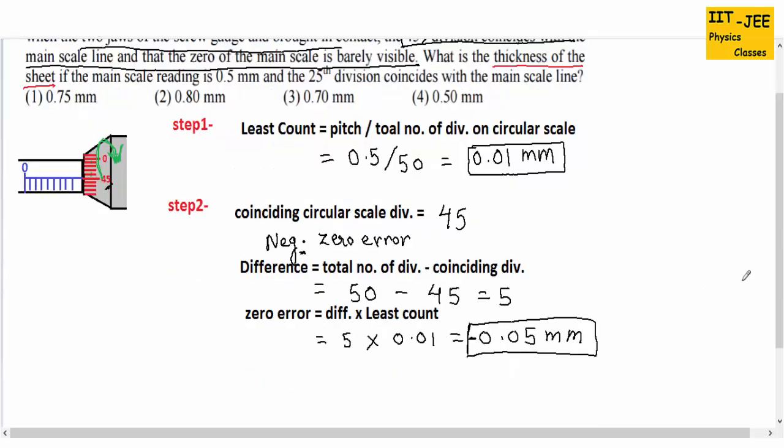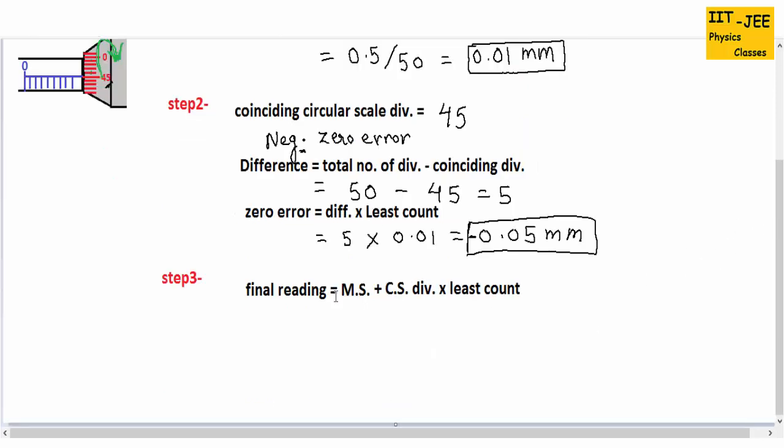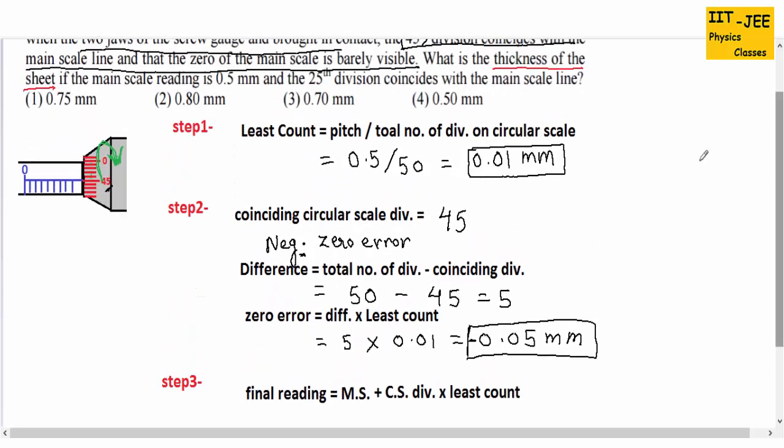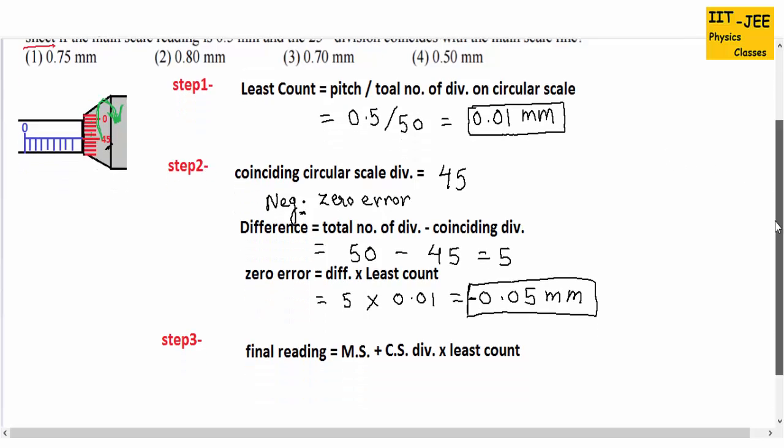So next is step 3. Now we have to find the final reading. The formula of final reading is main scale reading plus coinciding circular scale division times least count. So here the main scale reading is given as 0.5 millimeter and the coinciding circular scale division is 25.